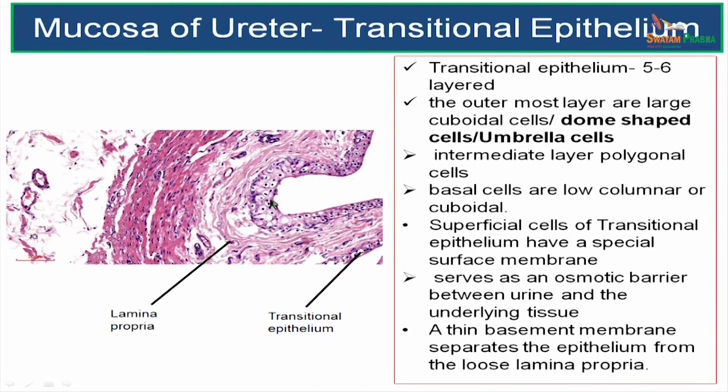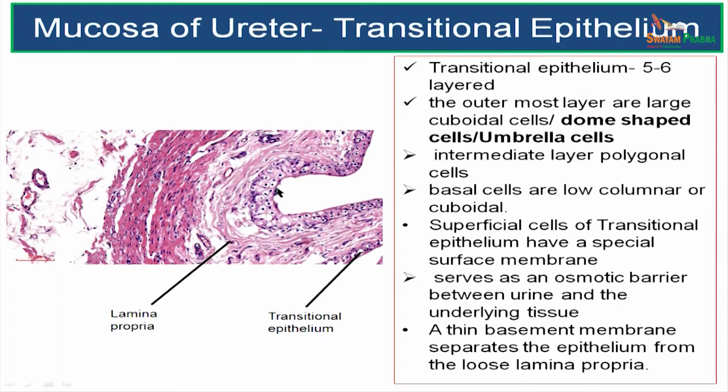Cells of the intermediate layer are polygonal, and cells of the basal layer are low columnar or cuboidal. I repeat, there are 5 to 6 layers in an empty wall of the ureter.